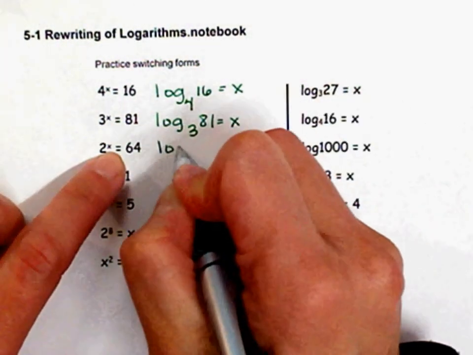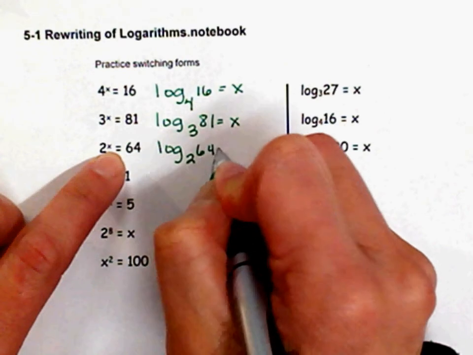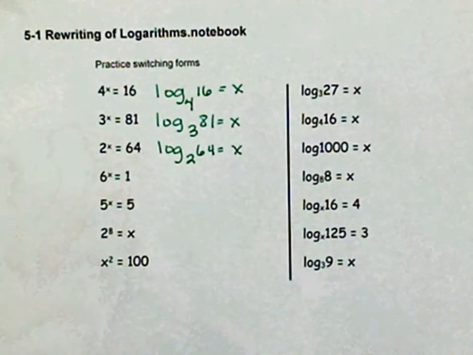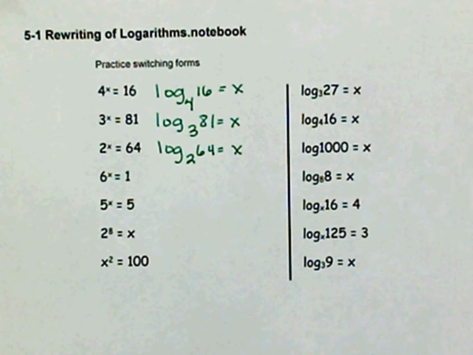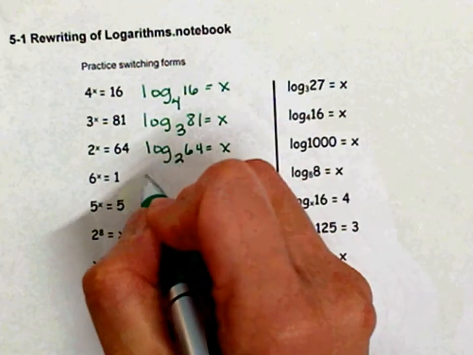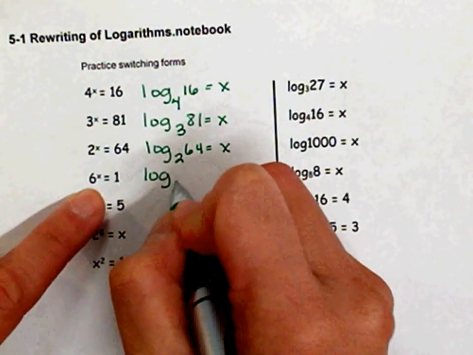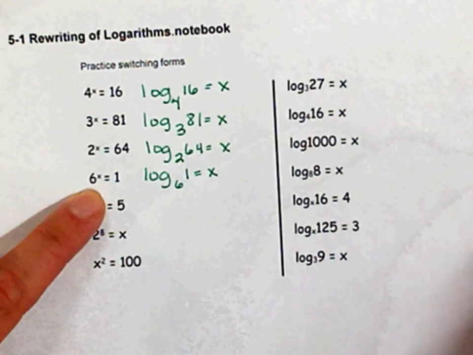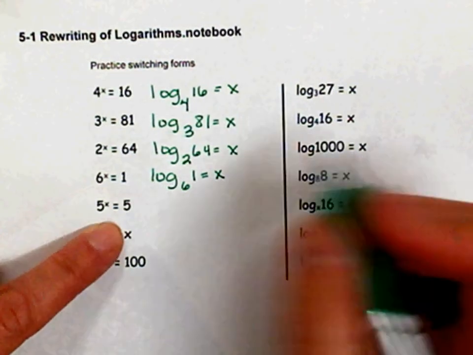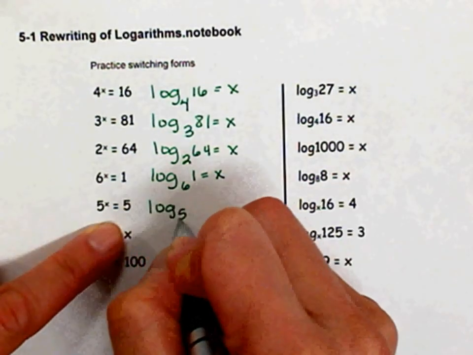Log base 2 of 64 is equal to x. Okay. Log base 6 of 1 is equal to x. See, I'm just rewriting it. Log base 5 of 5 is equal to x.